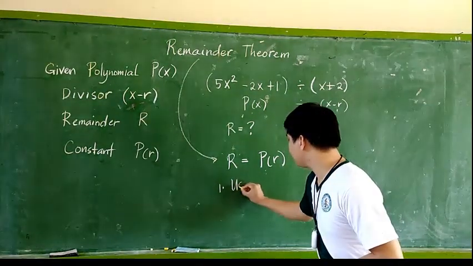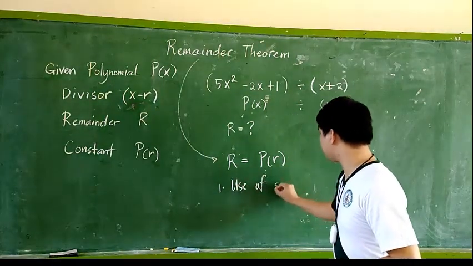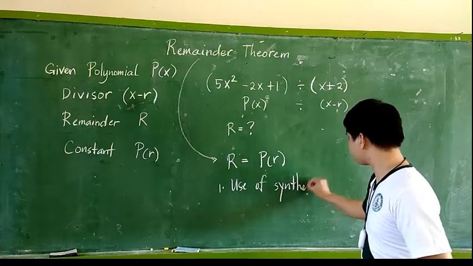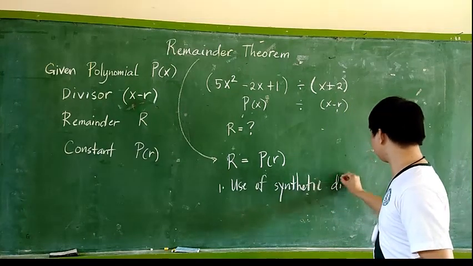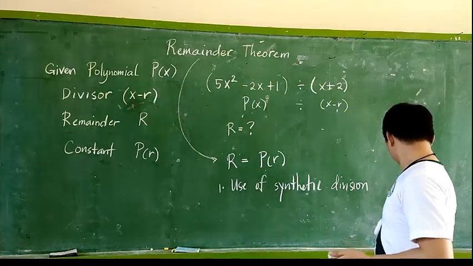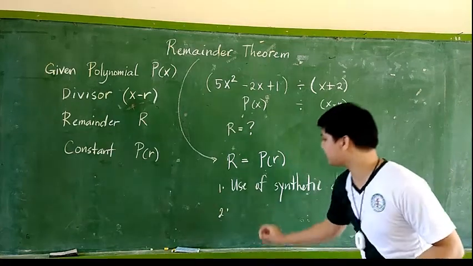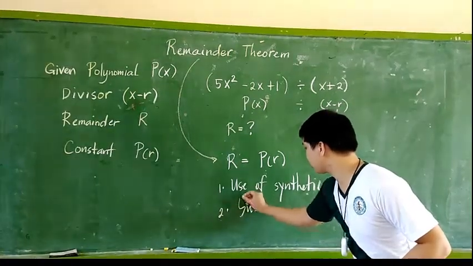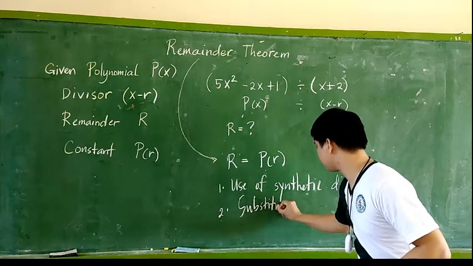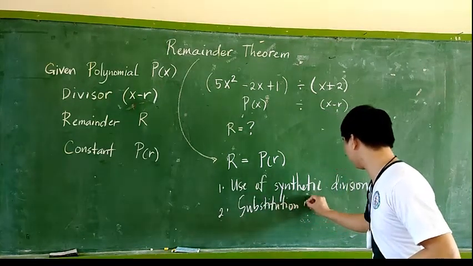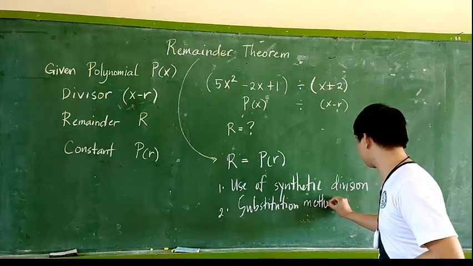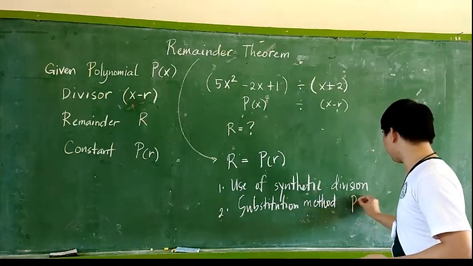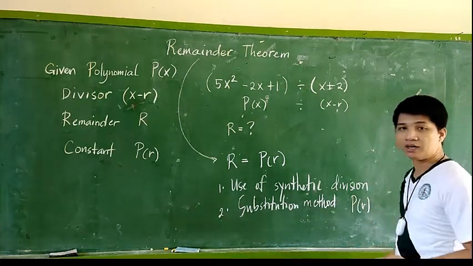Again, we have two methods. One, the use of synthetic division. The other one is the substitution method, or the use of p of r.